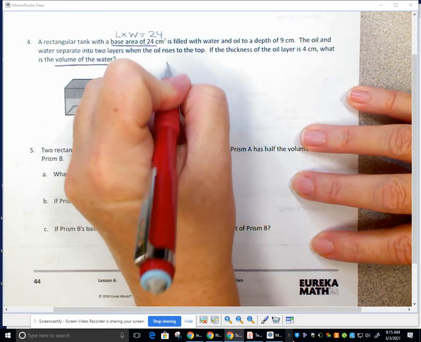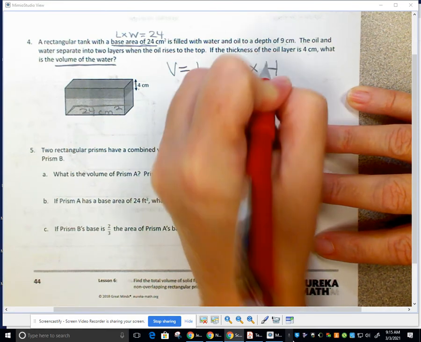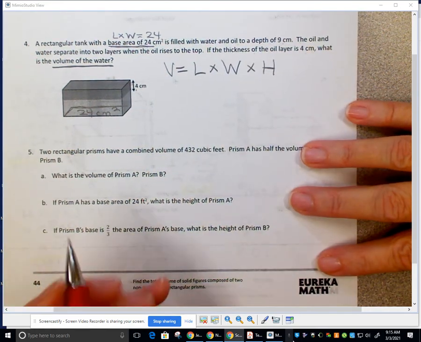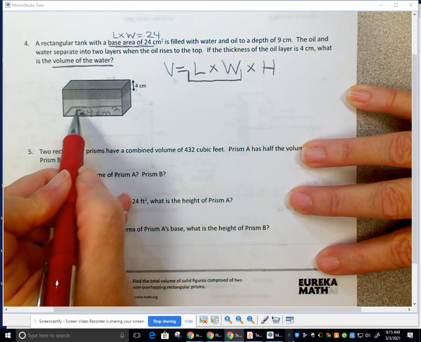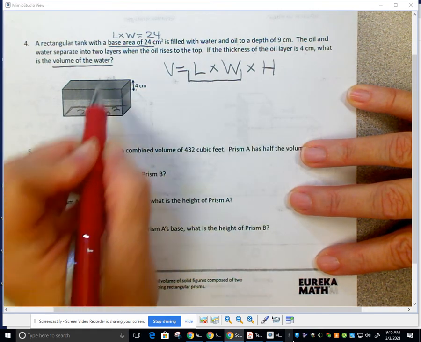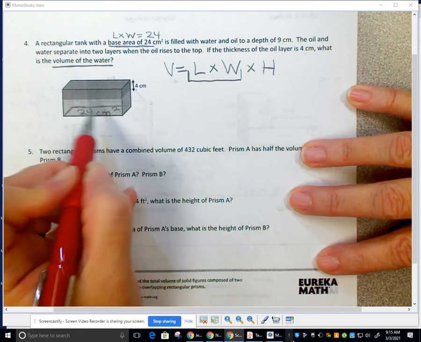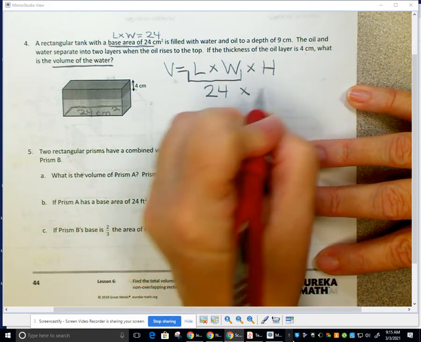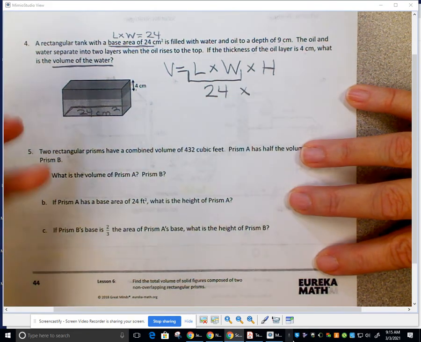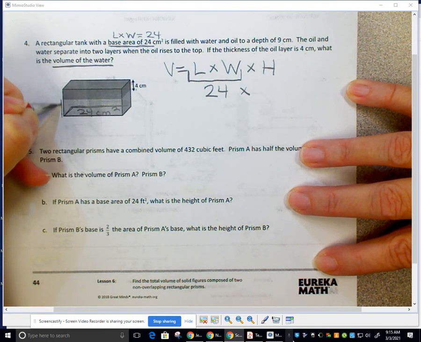So I'm going to say volume equals length times width times height. Okay? My length and my width have already been multiplied because they had a base area. The base is the bottom right here. They got 24, so I'm going to go ahead and label that as 24 times the height. Now, I want the height just for the water area, which is from here to here.